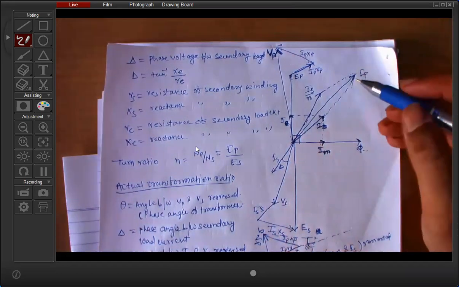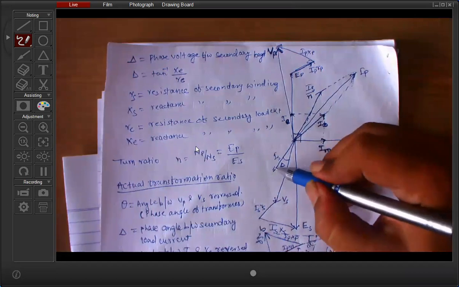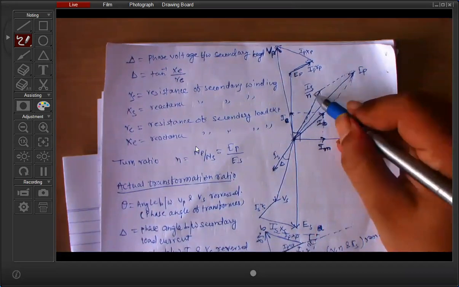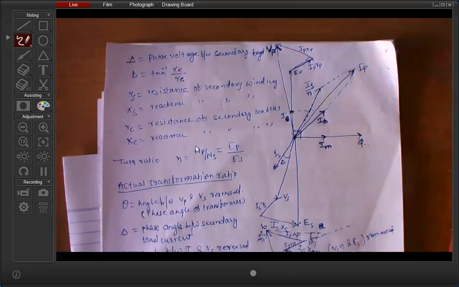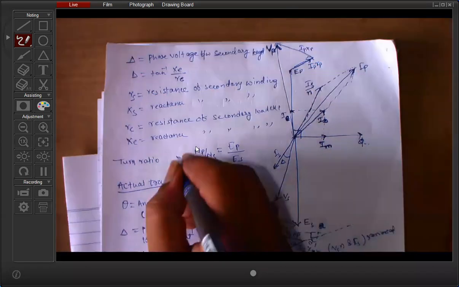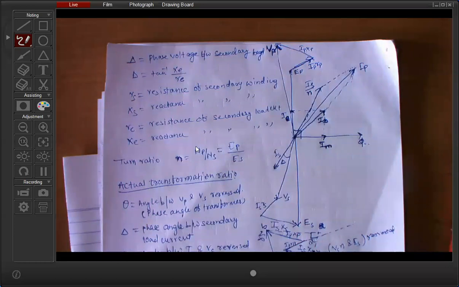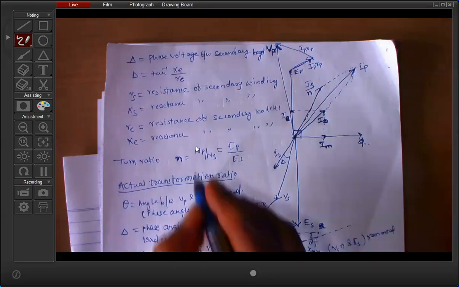Now suppose this is the secondary winding current IS, and IS by N. Tell me what is the turns ratio N in case of a potential transformer.